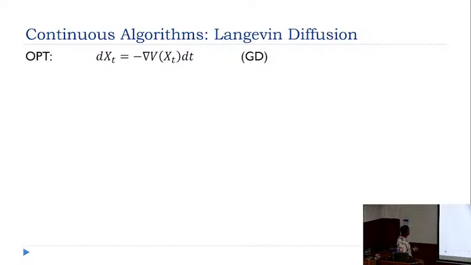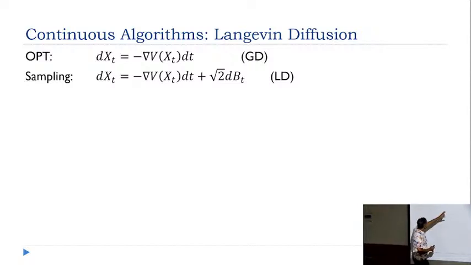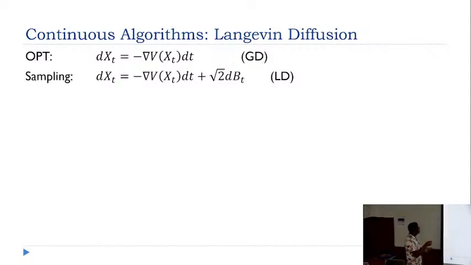So that's gradient descent. V is the function you're trying to minimize, the convex function typically. And sampling, well, you can do a little bit more, but not much more. All you do is, in continuous time, you add a Brownian motion. If you're not familiar with Brownian motion, after time t it is the same as sampling from a Gaussian distribution with variance t.